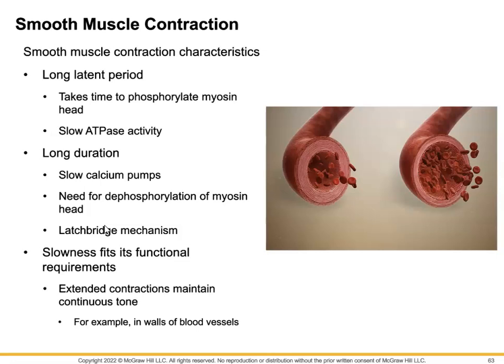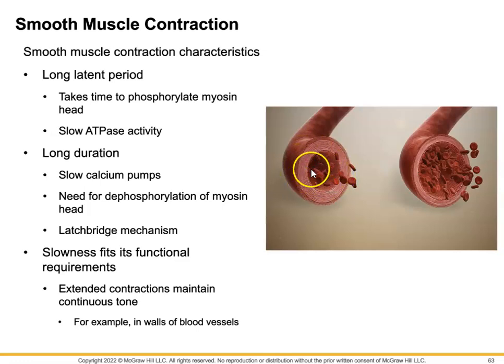Now, the slowness fits the functional requirements though. I mean, think about what's going on right here with these two blood vessels. So this is a blood vessel with a very relaxed, smooth muscle lining. So the lumen or the opening is very big. That means the pressure is very low. Now, if we move right over here to the left side of the image, you can see the smooth muscle has contracted.